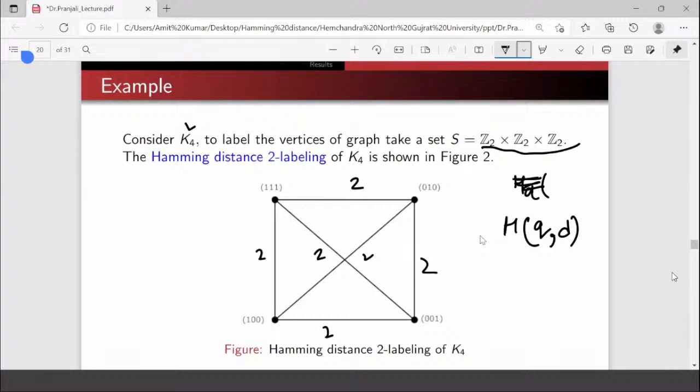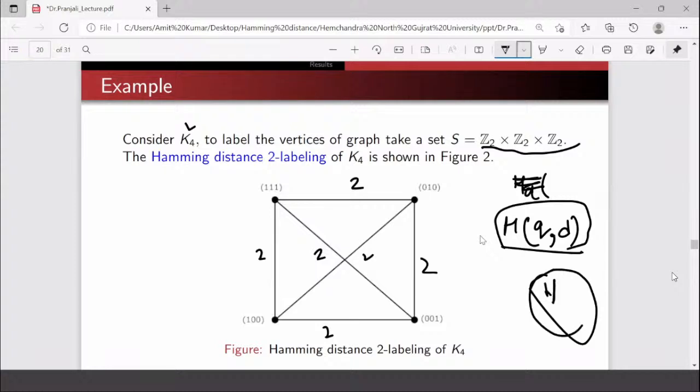So in a Hamming graph, which exists in the literature, the pair will be adjacent whenever there is a difference in precisely 1 coordinate.